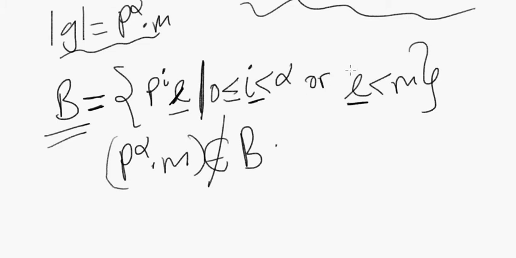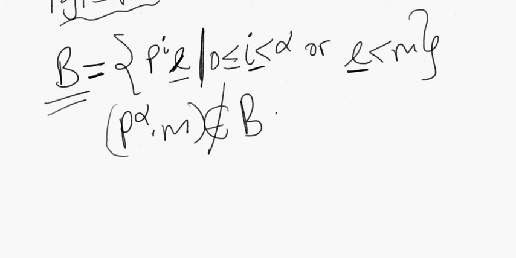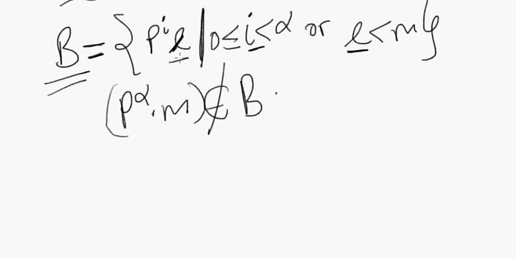But if we're assuming that the conclusion is not true, that we never have p to the alpha times L, can't we say more? Can't we say that we're considering the set B which equals, I don't know, p to the alpha times L1?